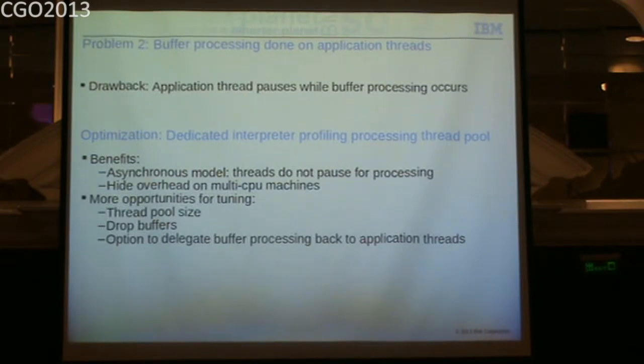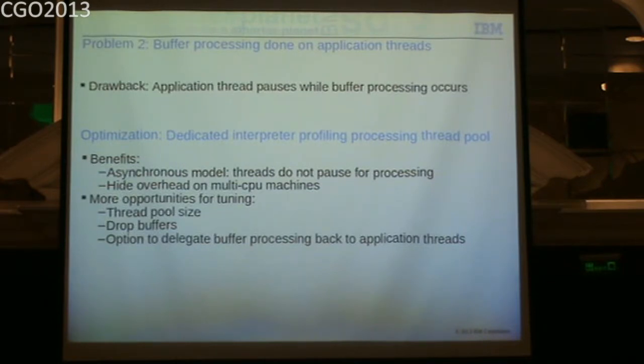This now allowed us to go to an asynchronous model. When the buffer gets full, we just queue it up to be processed, and then get an empty buffer. On multi-CPU machines, we can now hide the overhead from interpreter profiling. And this exposes more opportunities for tuning. So we can tune the thread pool size.